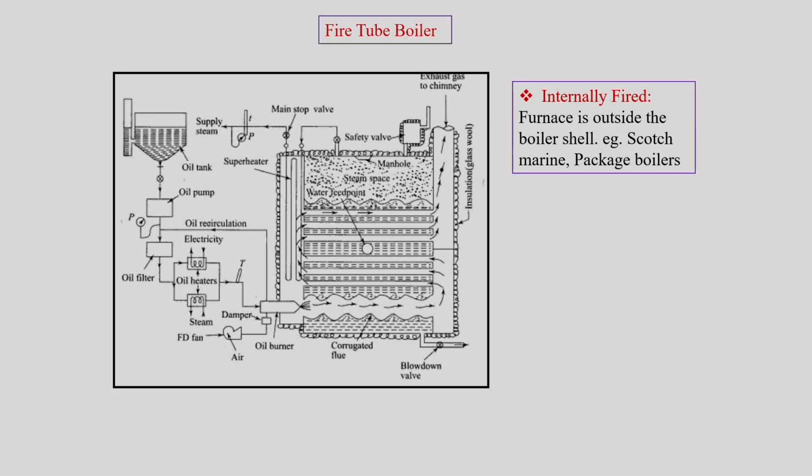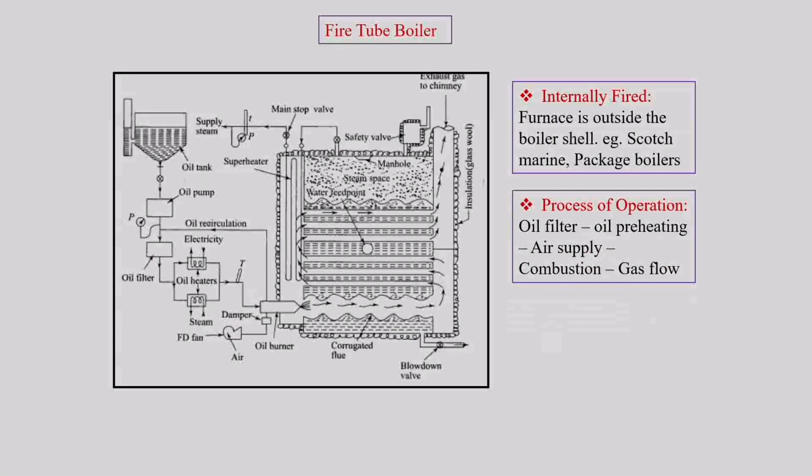In the example we can see here, the oil will first get filtered when it is used as a fuel for burning, and then the filtered oil will come into the nozzle, and parallelly we get air into the nozzle.